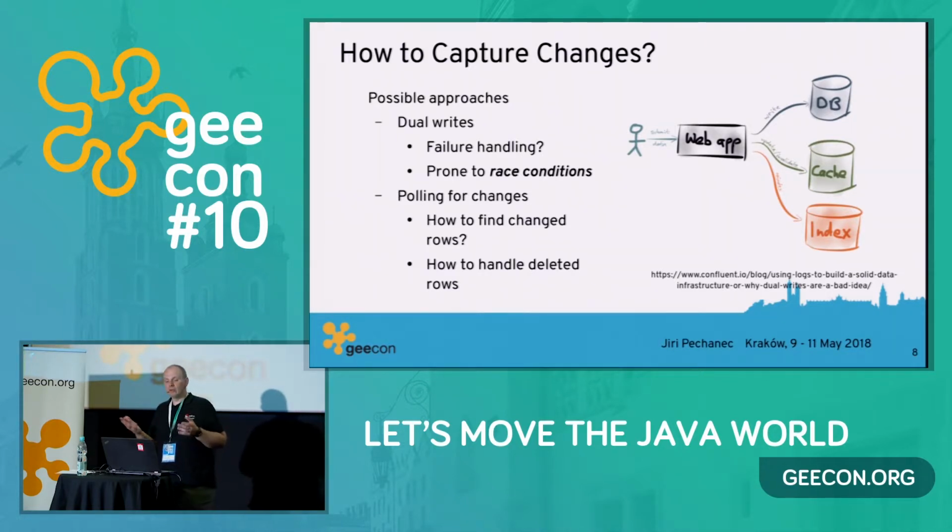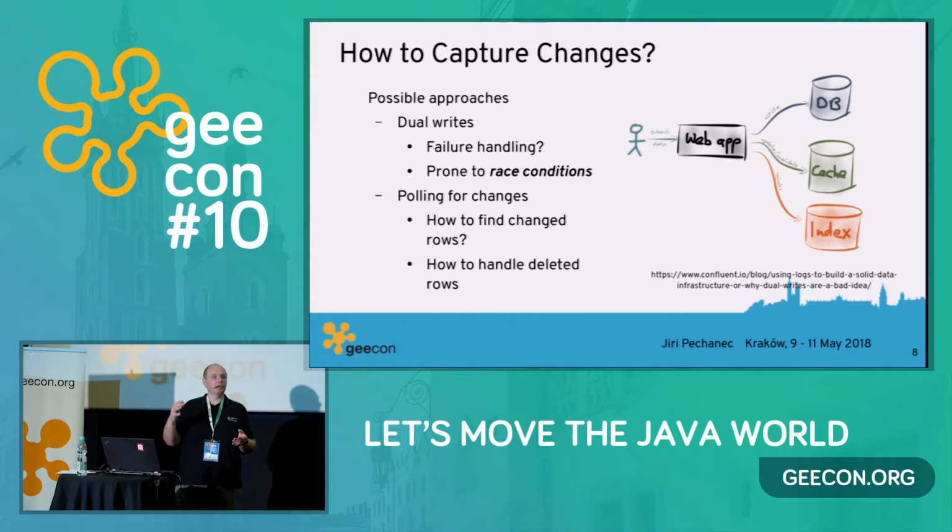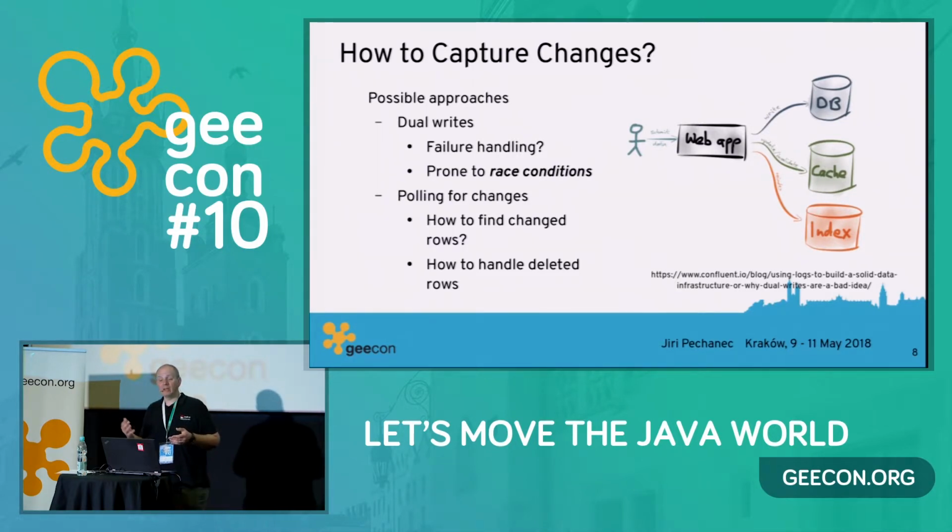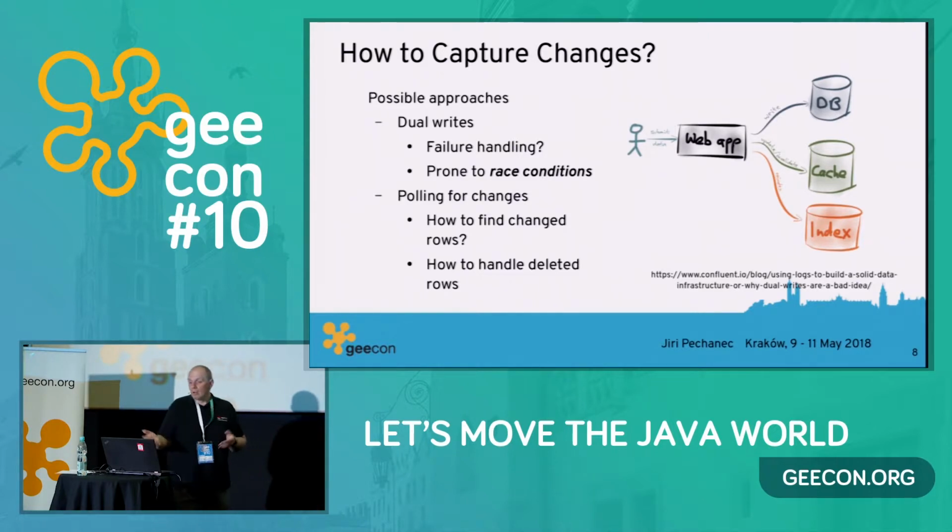Another approach is polling for changes. What you would do is, let's say, look at the database table and monitor if there are new records arriving, and if yes, then you will just select the record and stream the record downstream. Well, it works. It's pretty simple, but there are again problems. First of all, how do you detect not that there is a new row, but that the row was updated?